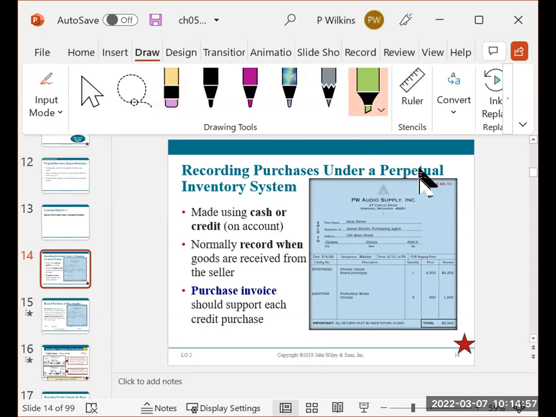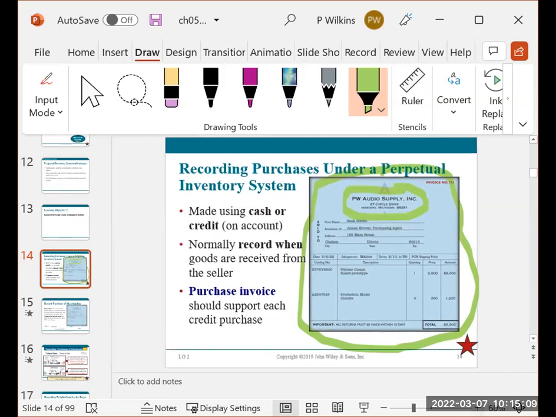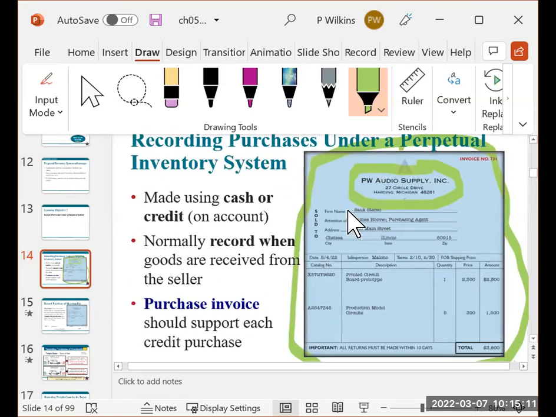So this picture of this invoice here on the slide is an invoice that has been produced by PW Audio Supply, the seller. And then if you look closer at the video, you'll see that the buyer is Sock Stereo. It gives a list of the details of what Sock Stereo bought and then the total that Sock Stereo owes.